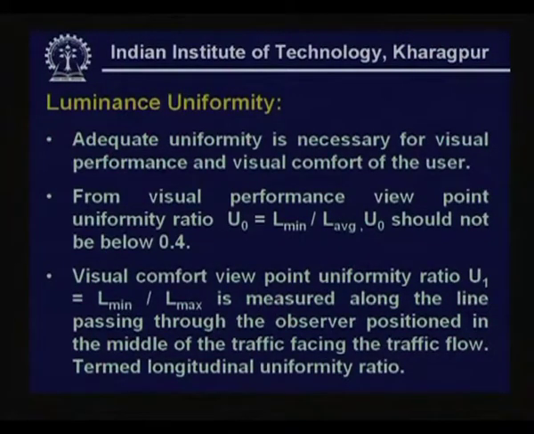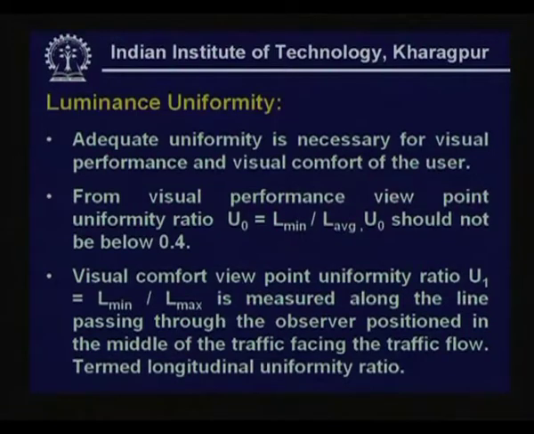From the visual comfort viewpoint, the uniformity ratio is defined as U sub 1, the ratio of L min to L max, that is, the minimum luminance to the maximum luminance, and it is measured along a line passing through the observer facing the traffic flow in the middle of the road. This is also called the longitudinal uniformity ratio.